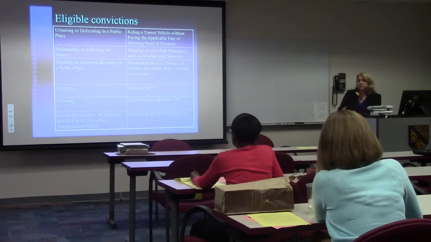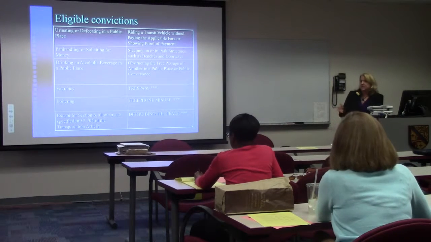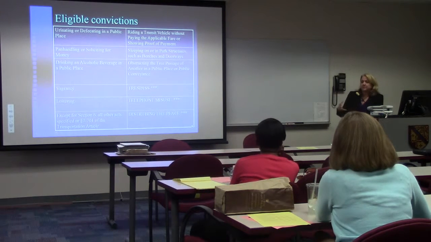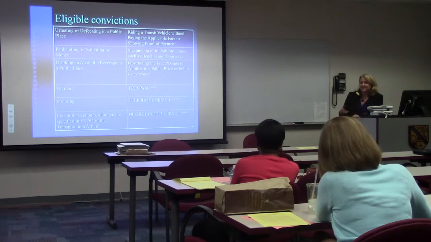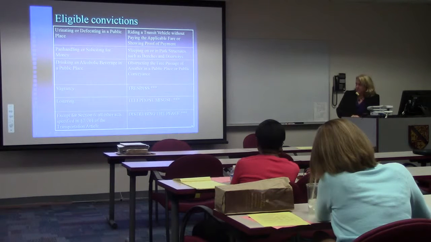All of them are eligible to be expunged unless what they were found guilty of was the exception to the exception, which has to do with, like, carrying some flammable material, or having acid, something along those lines. That is an offense and it cannot be expunged.